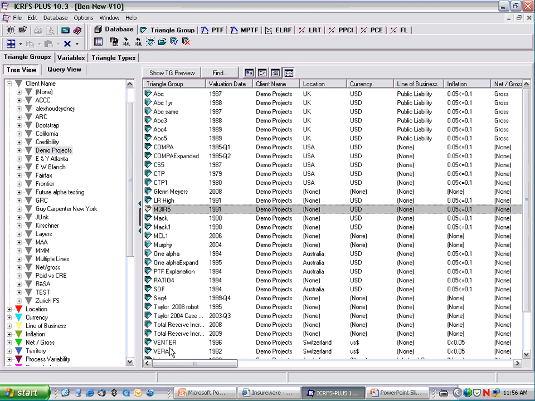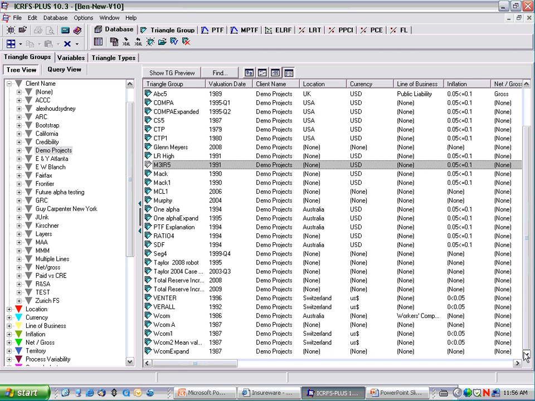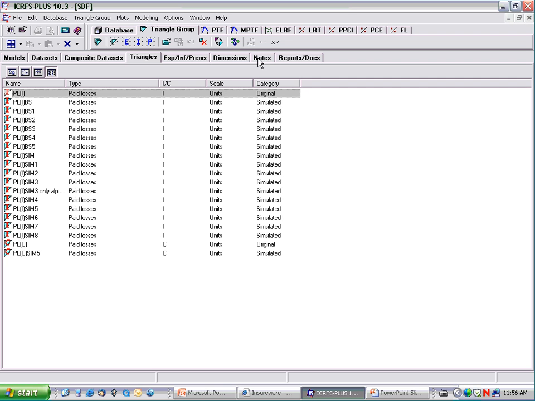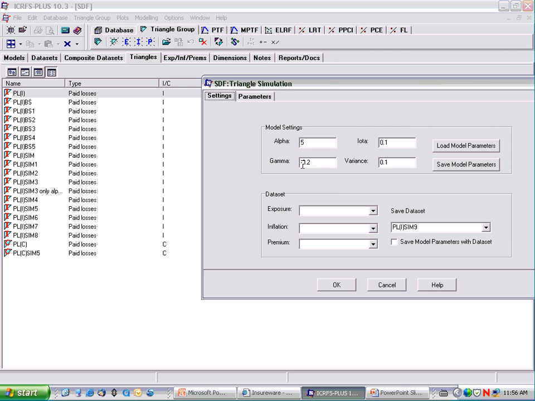So what I'm going to do is a very simple simulation for you. I'll go to SDF, and I'm going to simulate a triangle, and let's suppose we simulate it where the level is equal to 10. It's got an inflation, say, of 10%. The decay is minus 30%, and let's suppose the variance of the normal distribution is 0.08.